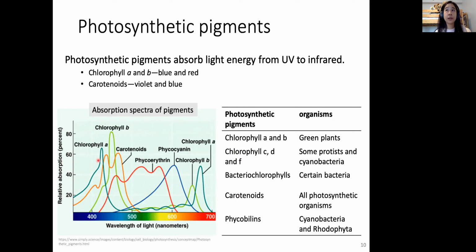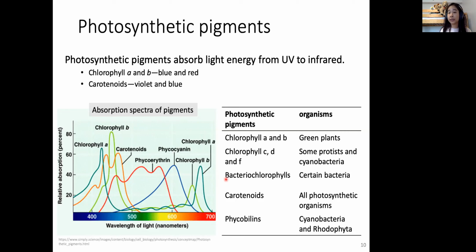So chlorophyll has A, B, C, D, and F. Chlorophyll A absorbs more of the blue light and also the red light. Chlorophyll B is similar. Carotenoid is more like blue and green, and phycoerythrin is more like something in the middle here. Phycocyanin is more like the yellow things.